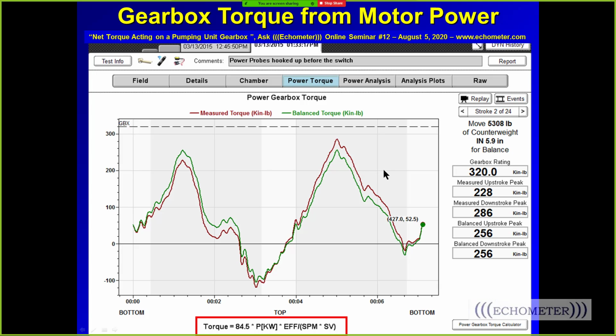It's weight heavy, so it's higher, 286,000 inch-pounds of net torque. In balance, the two peaks would be the same height, 256,000 inch-pounds of net torque in the gearbox. Now, this is the default analysis, and if you want, you can make some slight adjustments.